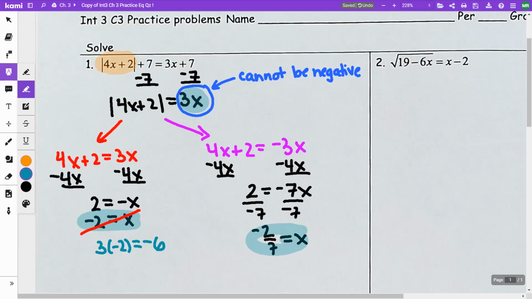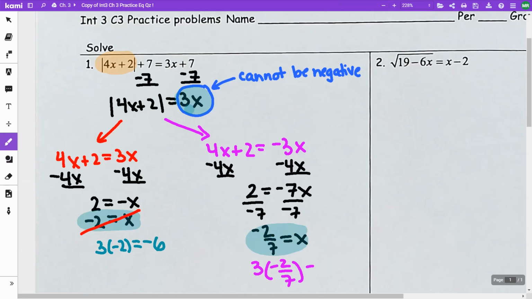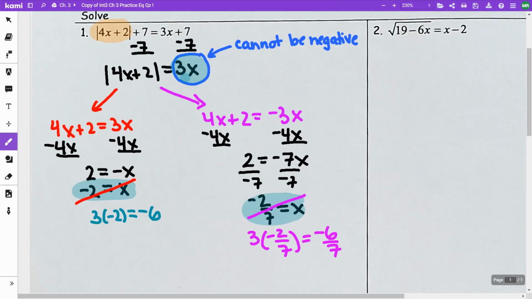If I put this into the 3x up here, will it make it negative? And so when I check that, I am going to get 3 times -2/7. That's going to give me a -6/7, which means this one's also not an answer. So if neither answer works, your answer is no solution.